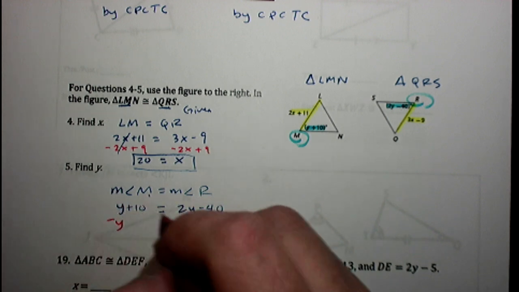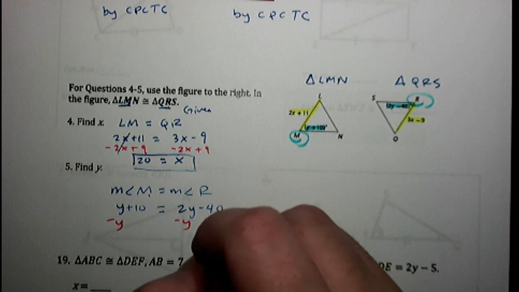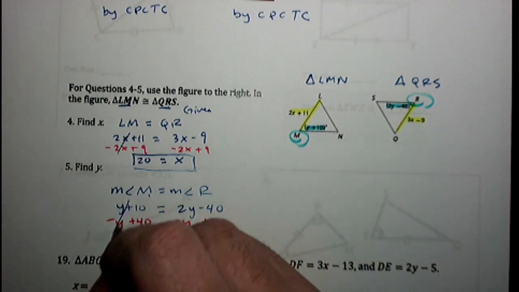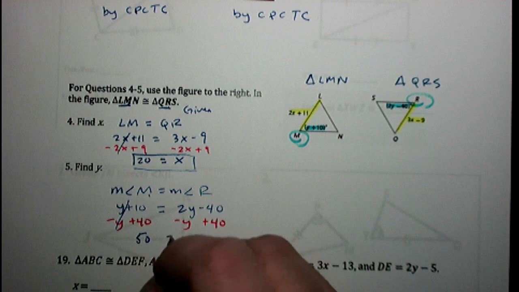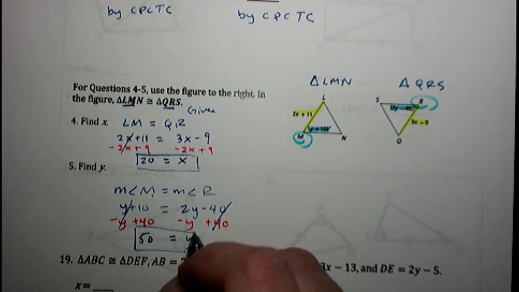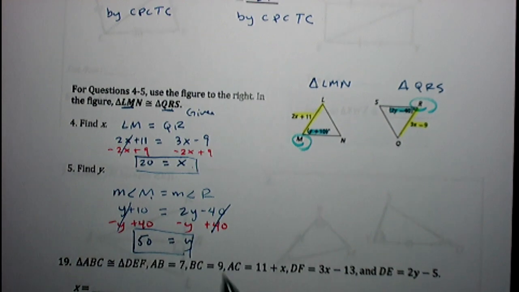So I'm going to go ahead and use my algebra skills here. So then I get 50 equals y. So x is 20 and y is 50.